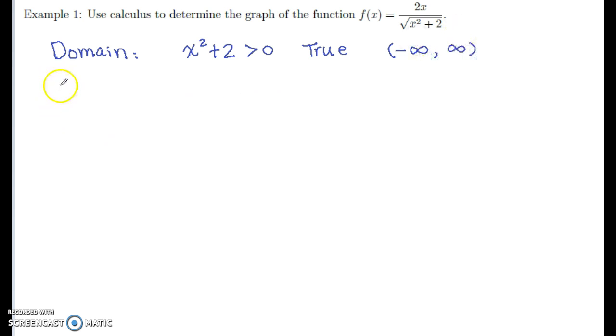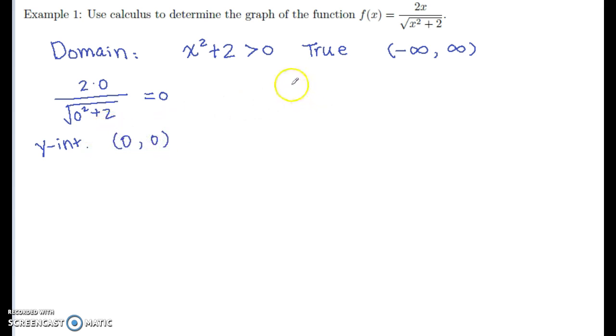Next, we talk about the intercepts. So when you plug in x equals 0 to find the y-intercept, you get 2 times 0 divided by the square root of 0 squared plus 2. So that equals 0. Okay, so the y-intercept is (0, 0).